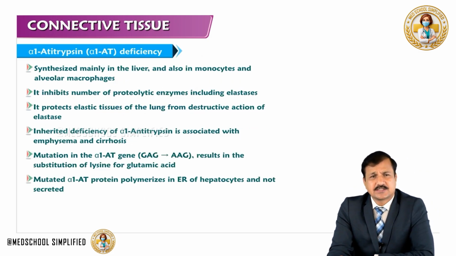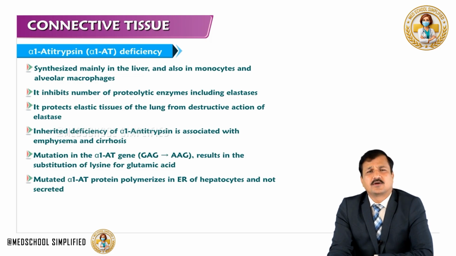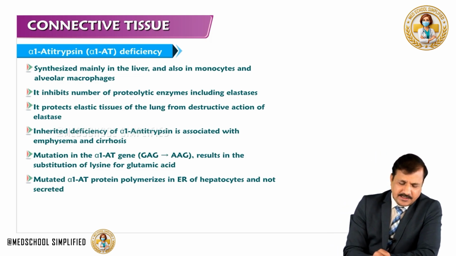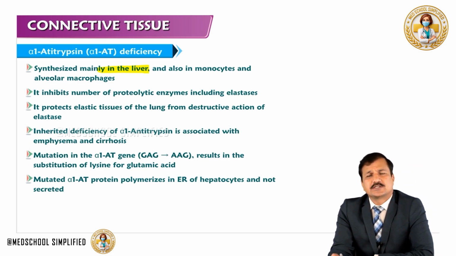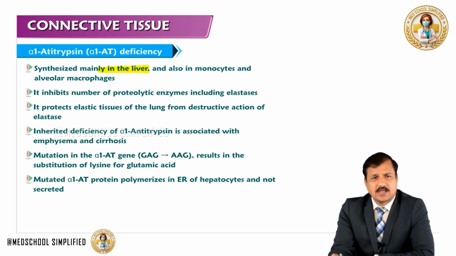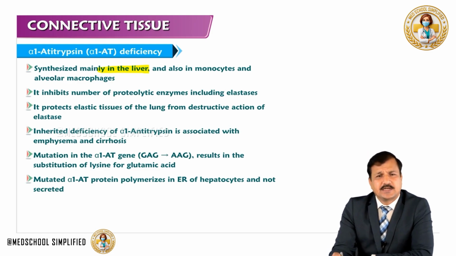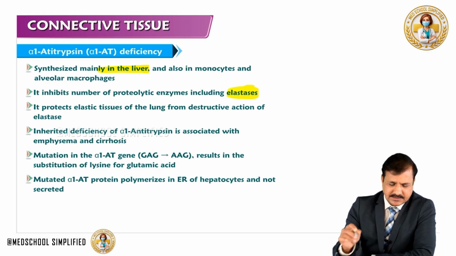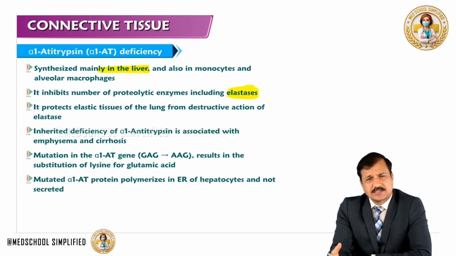Coming to a related disorder with elastin, and that is alpha-1 antitrypsin deficiency. The alpha-1 antitrypsin protein is synthesized mainly in the liver, and also by monocytes and alveolar macrophages. Alpha-1 antitrypsin inhibits a number of proteolytic enzymes including elastase, and elastase enzyme degrades elastin.